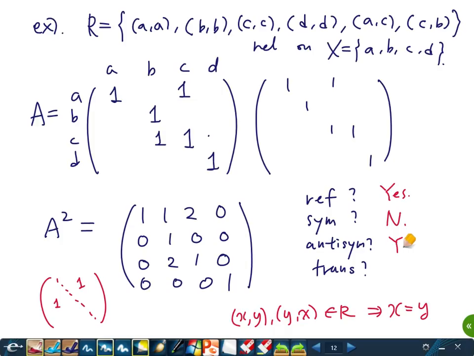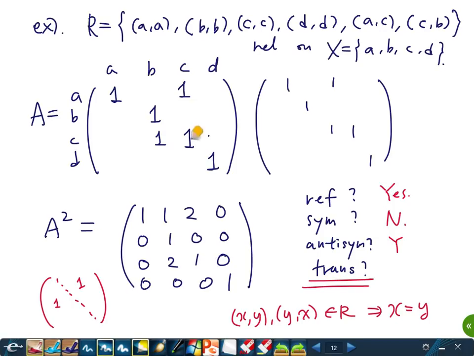What about transitive? Now we need A squared. Is this transitive? How can you see whether this is transitive or not?